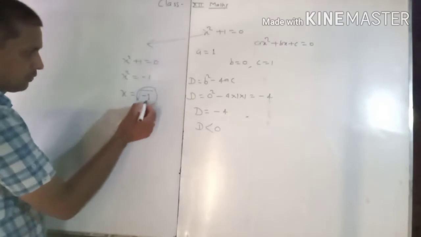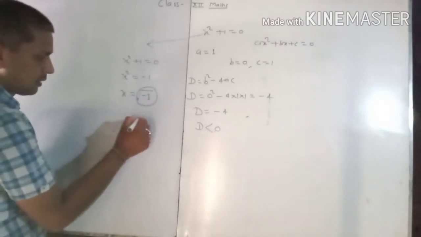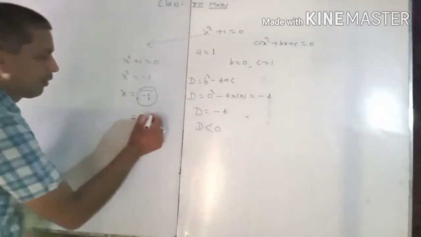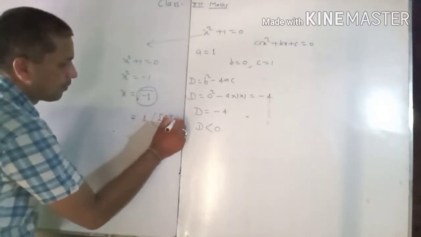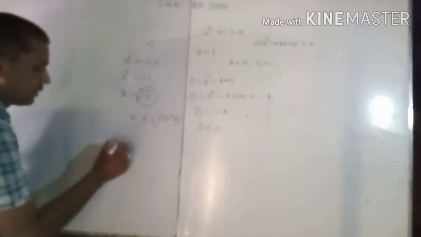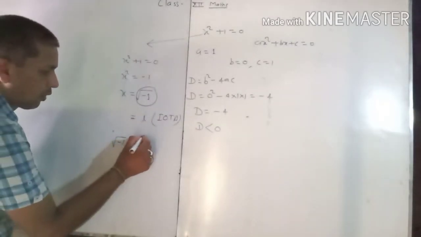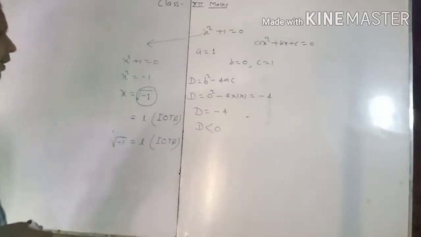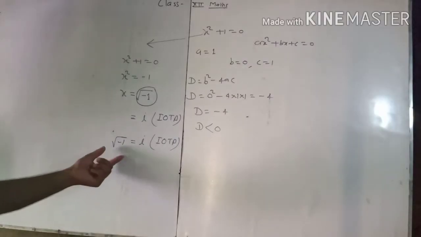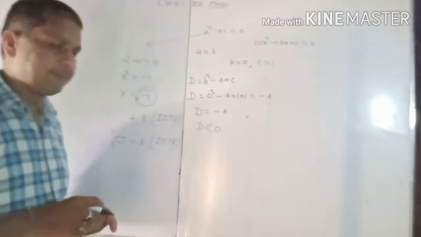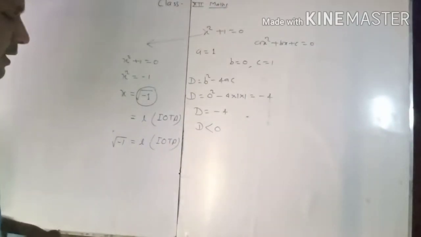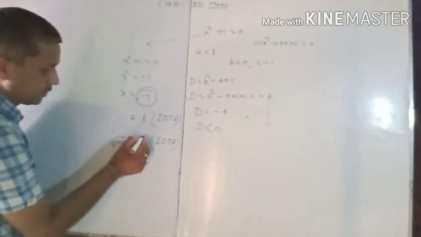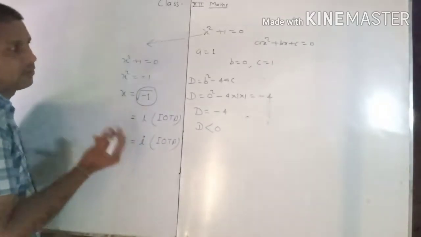A fixed notation for this number is i, for iota. So under root minus 1 is equal to i, means iota. Simply we say i means imaginary number also. So a number which contains i is called an imaginary number.